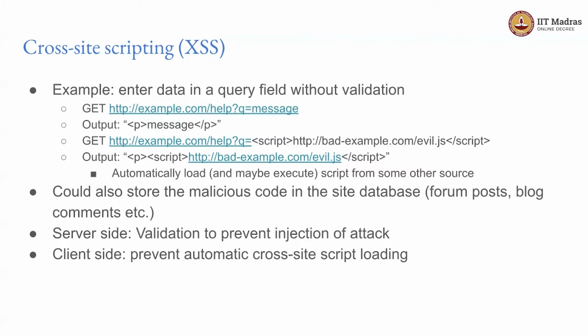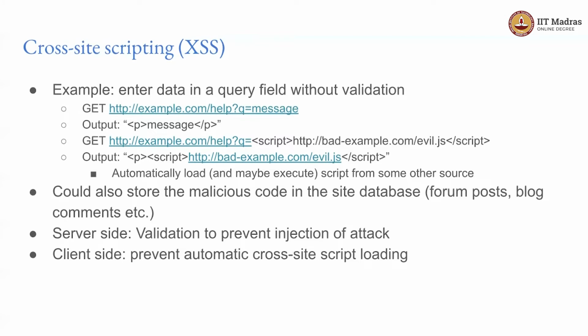It could even automatically load and execute a script from a source that is not example.com, not the place that you thought you were visiting. There could be other variants of this where the malicious code, rather than coming through a URL, could be stored in the site database itself, perhaps through forum posts or blog comments. Ultimately, the attacker just needs some way of injecting this code into the URLs.